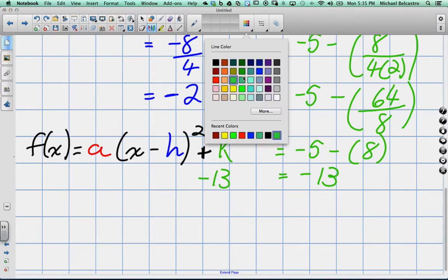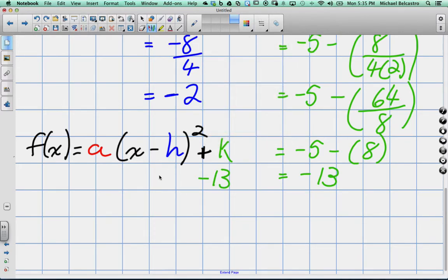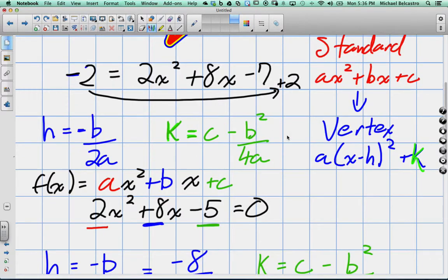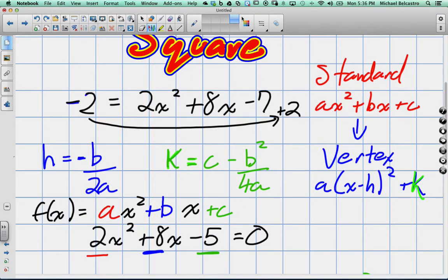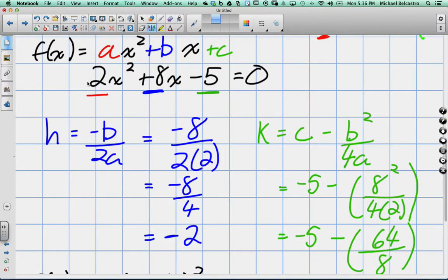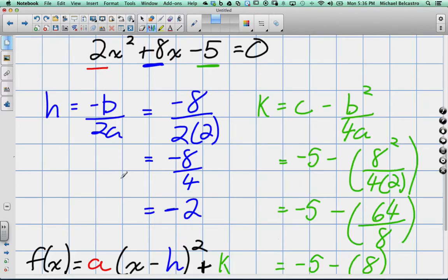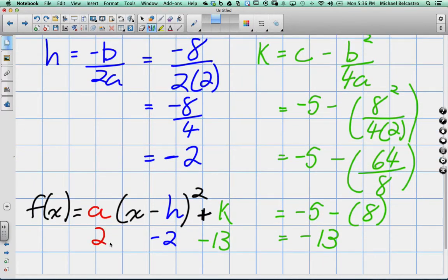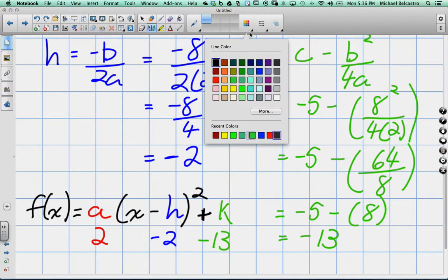What was my h value? That was -2. This is important here. And finally, standard and vertex form have an a, which is the same, right? Whatever the a was in standard, it'll be in vertex. So what was our a in our standard form? It was 2. So here's our 2. We have our 3 numbers. We just have to fill in the blanks.